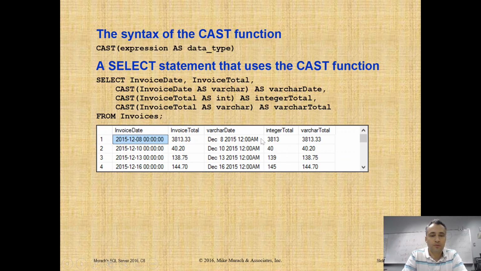Notice that invoice total was converted to integer and it was actually rounded, not just chopped off at the cents, but rounded to the nearest integer. And in case you want it as varchar, which is a string, it looks exactly the same, but now these numbers are actually in string form.